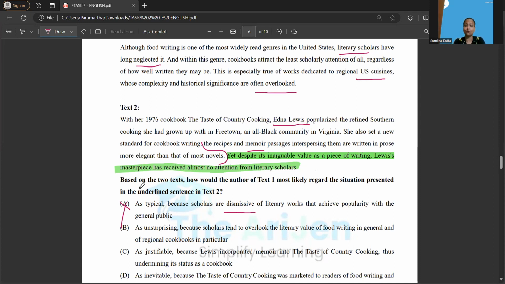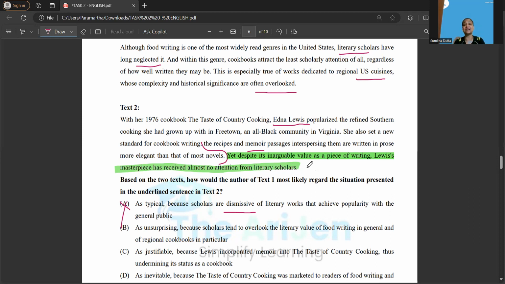Now, what is the question suggesting? Based on the two texts, how would the author of text 1 most likely regard the situation presented in the underlined sentence in text 2? Despite its value, Edna Lewis's cookbook never gained this recognition.